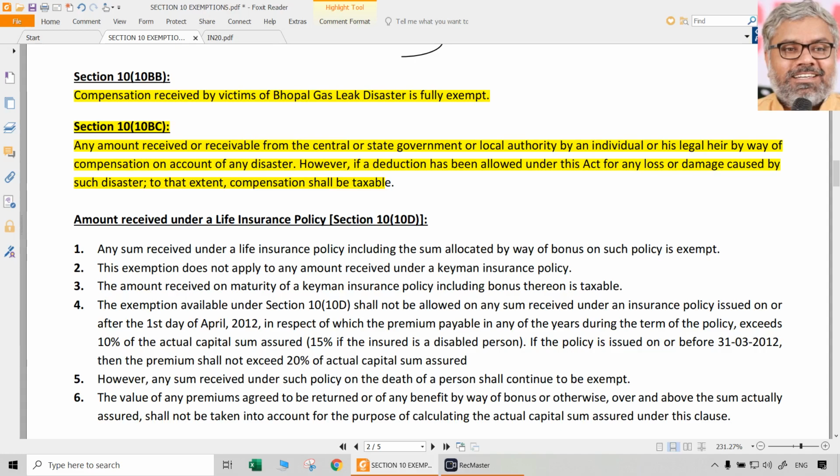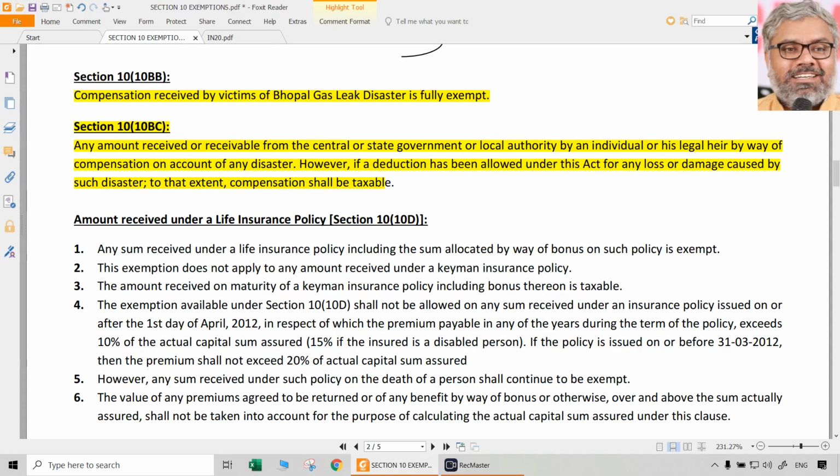This government has given 1 crore, that government has given 5 lakhs, 10 lakhs, like that they give. The money is sometimes huge, and that money is definitely taxable, normally speaking. But that is once again inhuman, unfair. So exemption is given under 10(10BC) for any money given as compensation by the central government or state government or local authority. If any of these 3 governments give any compensation to the victims, that compensation shall be exempt.